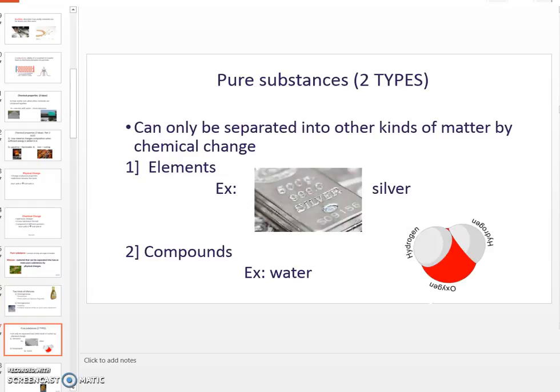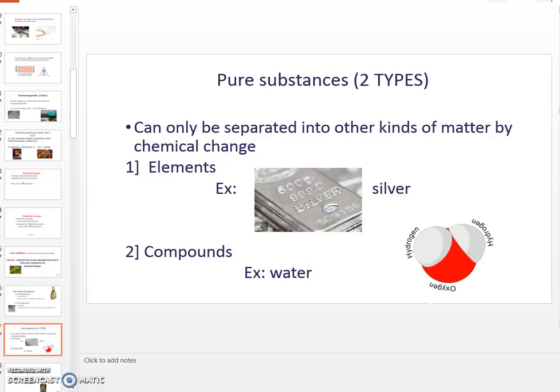When we look at pure substances, we have elements and compounds. Elements are made up of one kind of atom, like silver, oxygen, gold. Water is not an element. Water is a compound, because in a compound you have two or more atoms.